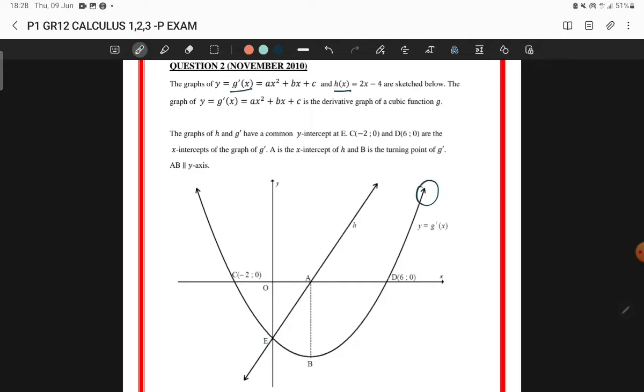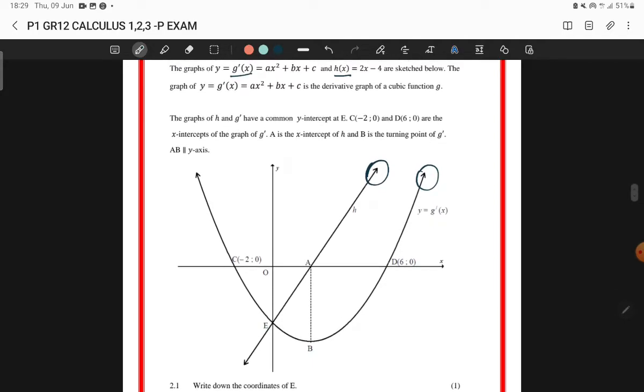And this is g prime, which is the derivative of g, which is not shown, and the graph of h of x. Now, having been given this information, we need to apply the knowledge on how we work with a cubic function when you are given its derivative. So we need to understand the parameters around the cubic function and its gradient.